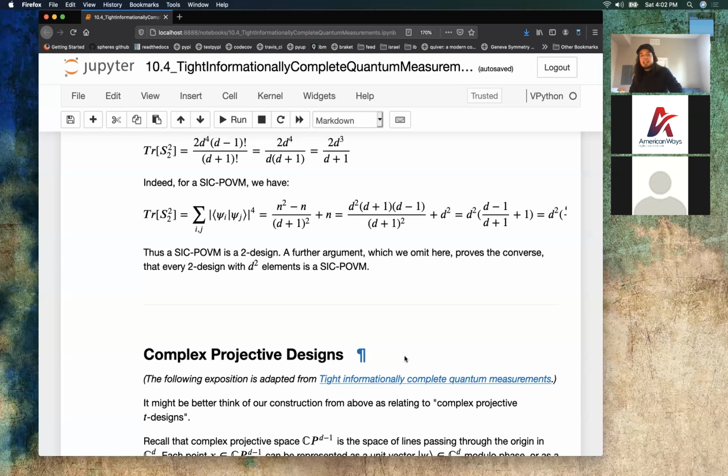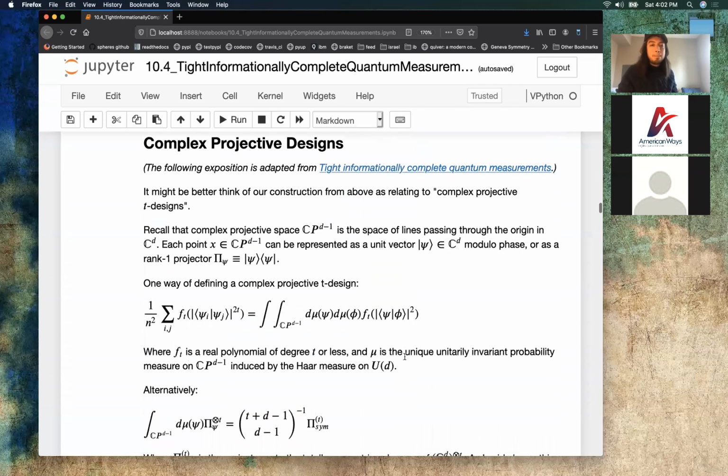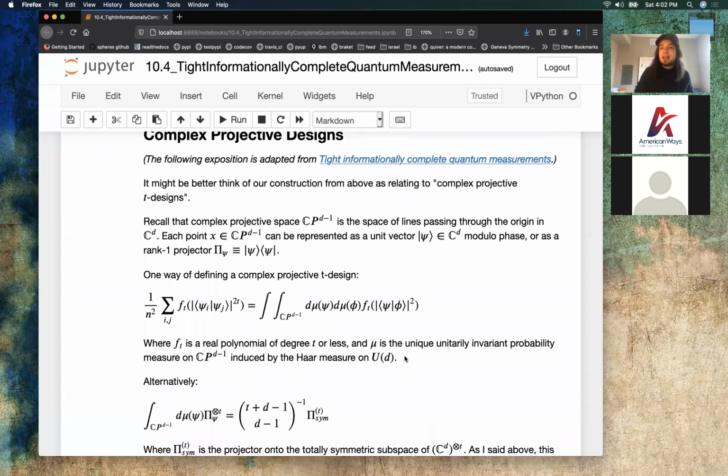And here we've just shown that a SIC POVM, or an equiangular frame, is the same thing as a 2 design, a spherical 2 design, but where we're working in complex vector space.